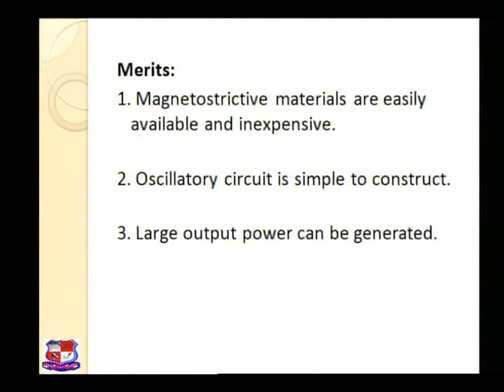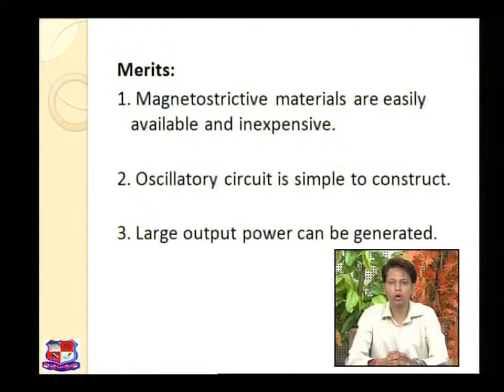First, magnetostrictive materials are easily available and inexpensive. That means the cost is very low. The oscillatory circuit is simple to construct. Large output power can be generated with the help of the magnetostriction method. So these are the merits.